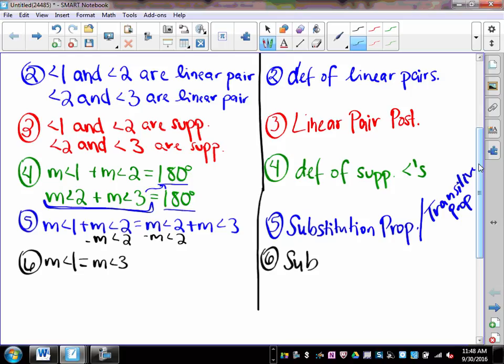We subtracted, so we're going to go with subtraction. Subtraction. All right. Hey, are we done?